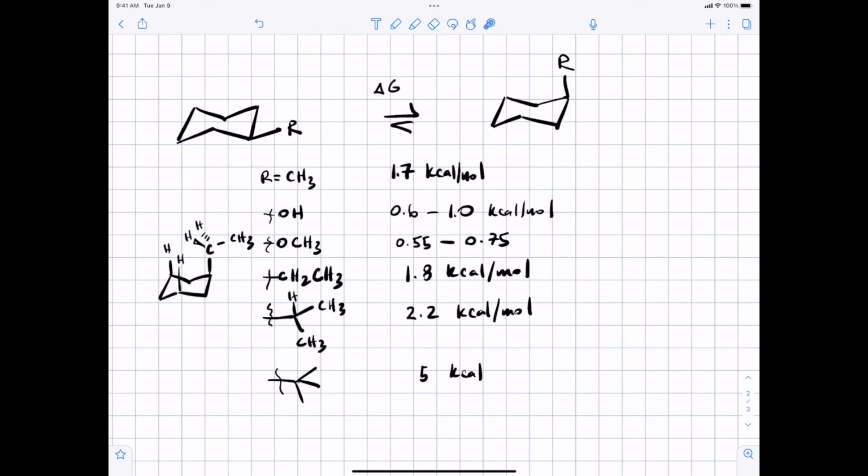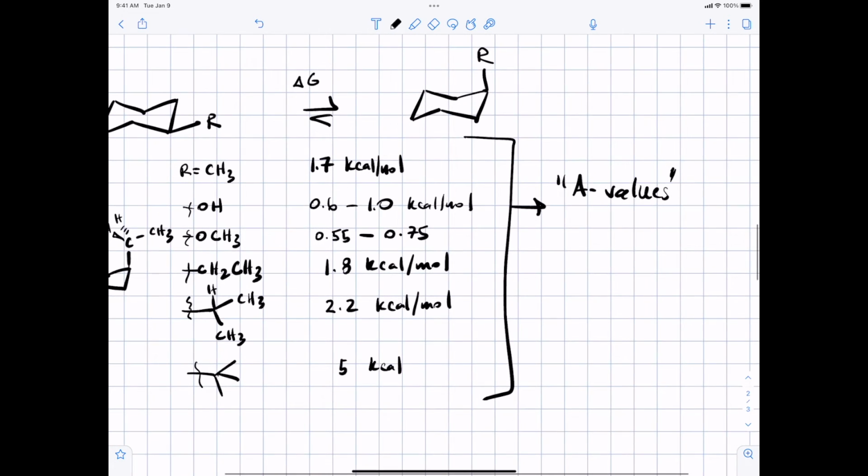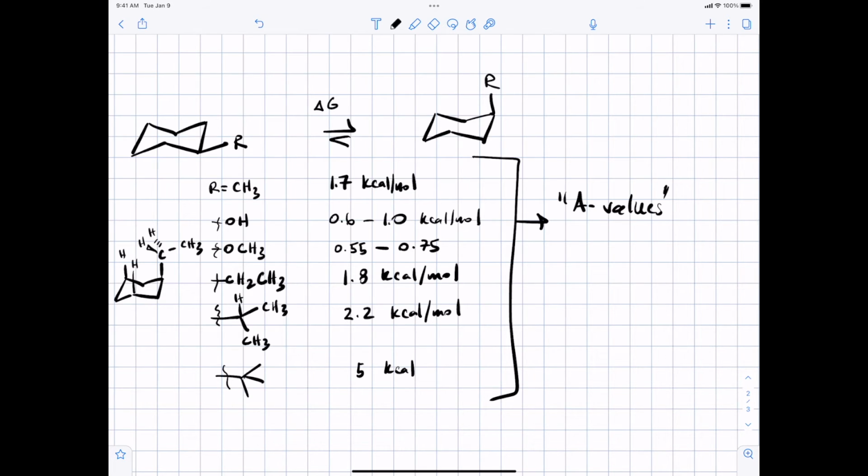Go ahead. How do these relate to A values and stuff? Right, you've heard of A values before. These delta G values are called A values, presumably because they're about something being axial instead of equatorial. And we will use A values as a measure of size of groups.